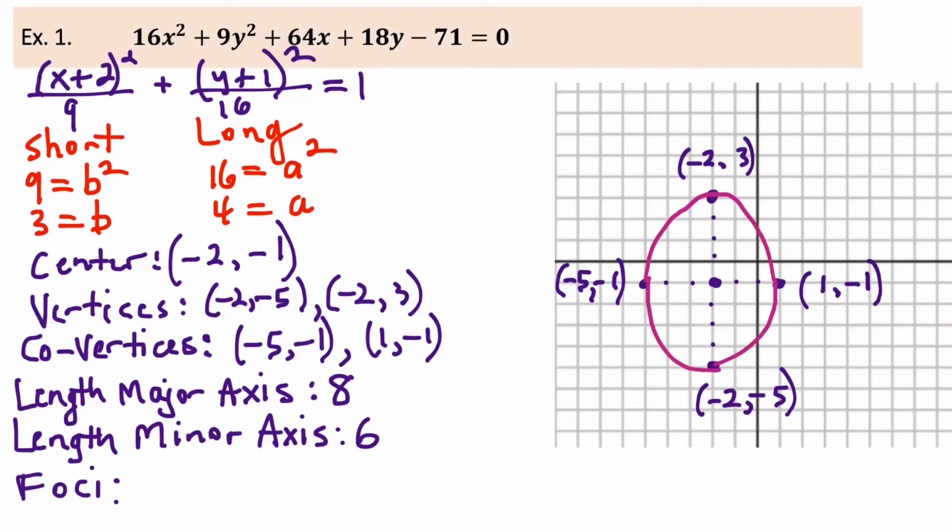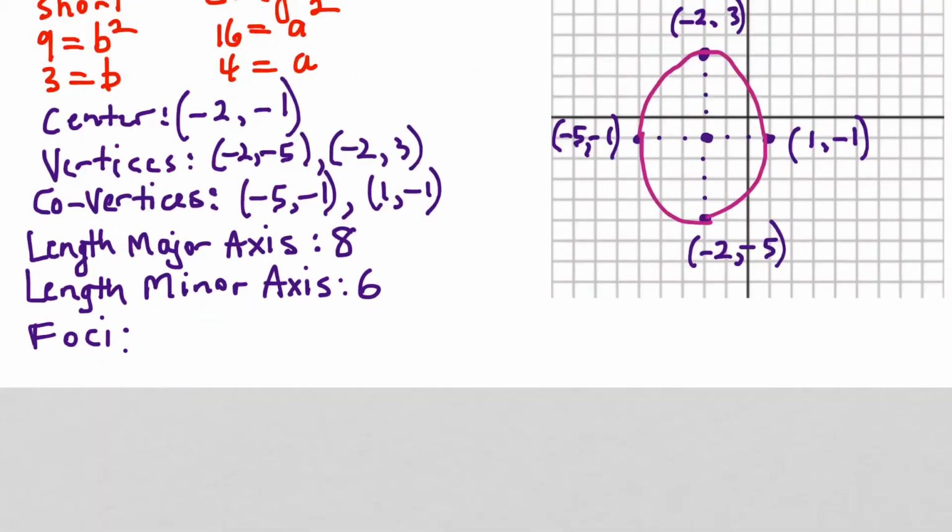All right, and then I'm going to make some room to do my calculation of my foci. So to calculate my foci, there's a little formula involved. So the formula says c squared is equal to a squared minus b squared, where a is bigger than b.